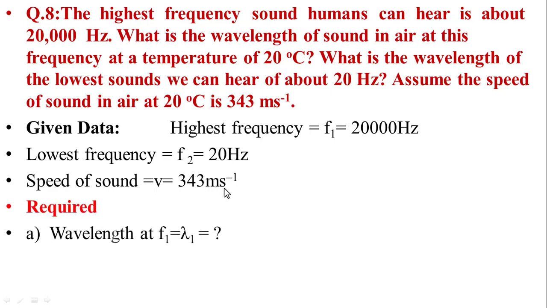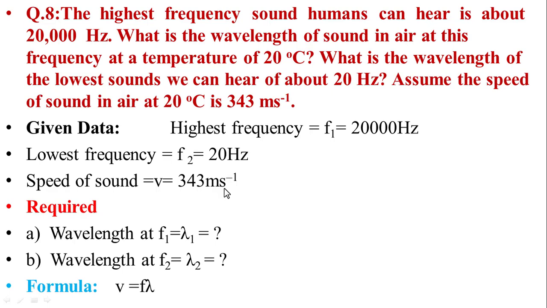Now we require the wavelength at F1, lambda 1, and the wavelength at F2, lambda 2. Now we can use the formula V is equal to F lambda. Then we can find the solution.